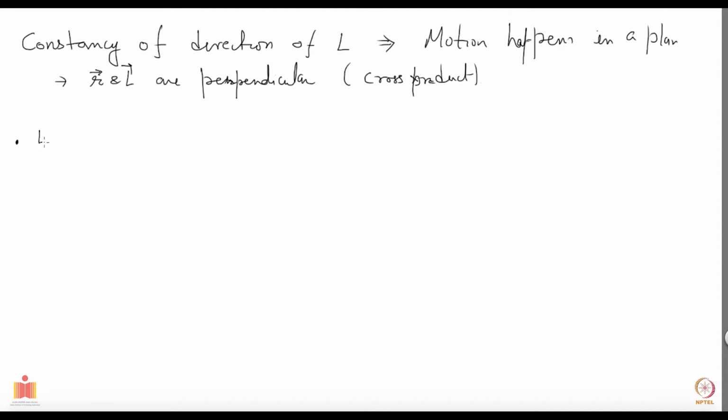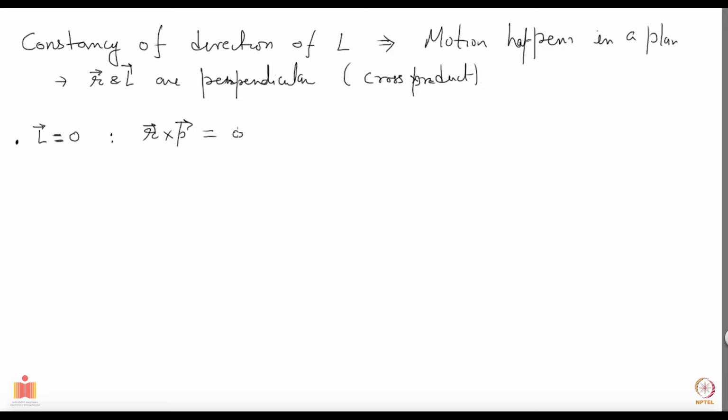What if L is equal to 0? Then I do not have a direction because L is 0. In this case, my R cross P is 0, and that will happen to be 0 only if R and P are in the same direction, right?